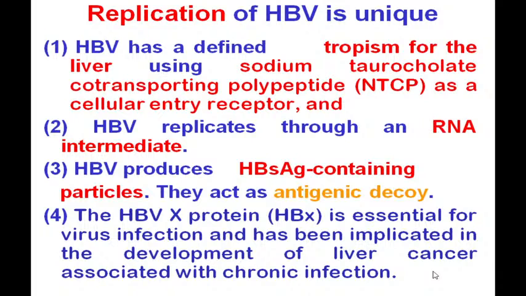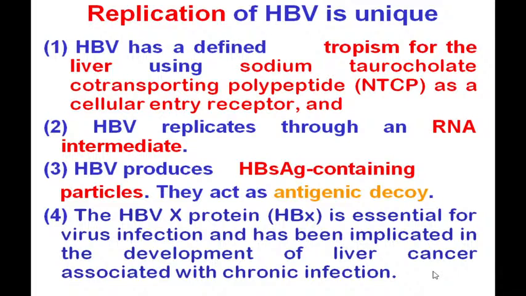The structure is unique, and so is the replicative cycle. Now we discuss the replicative cycle because that is an example of one of the most sophisticated ways of virus replication. First, we have some unique features of the replication cycle. First, hepatitis B virus has very strong tropism for the liver.